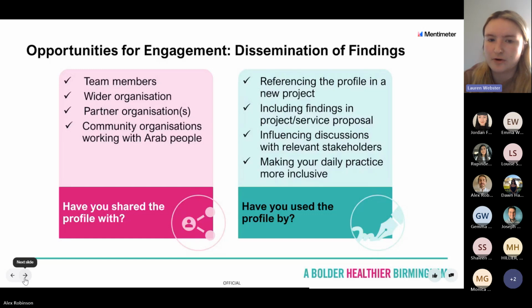So, have you shared the profile with team members, wider organisation, partner organisations, or community organisations working with Arab people? Or have you used the profile by referencing it in a new project, including findings in project or service proposals, influencing discussions with relevant stakeholders, or making your daily practice more inclusive? Next slide, please.